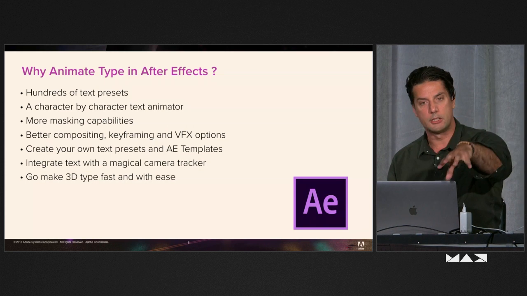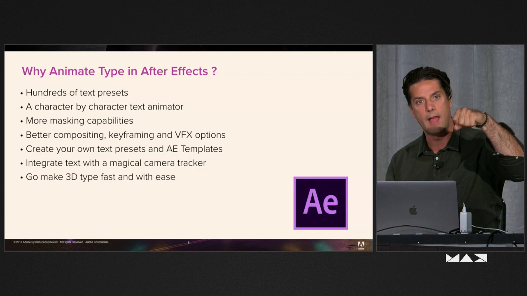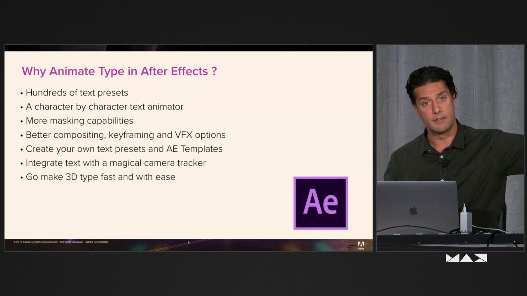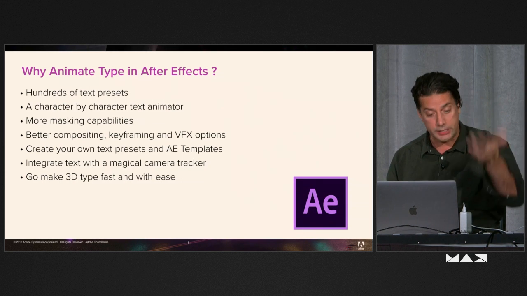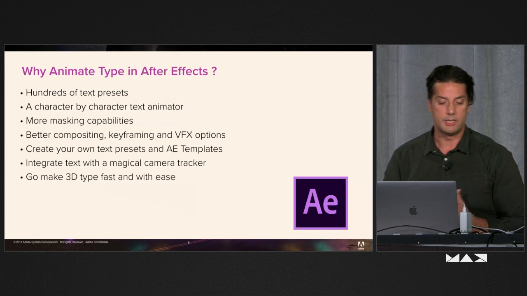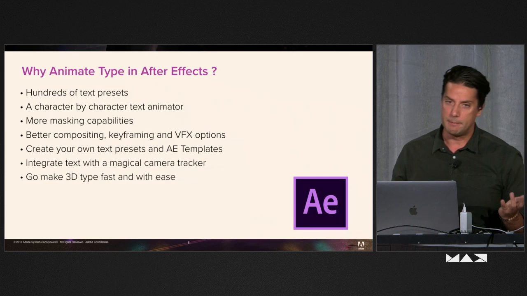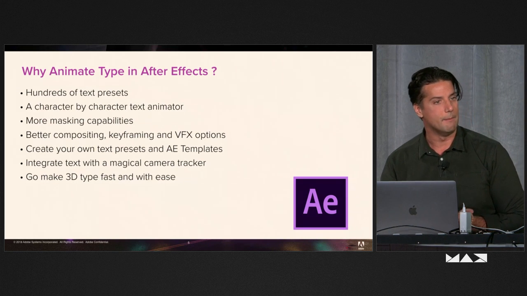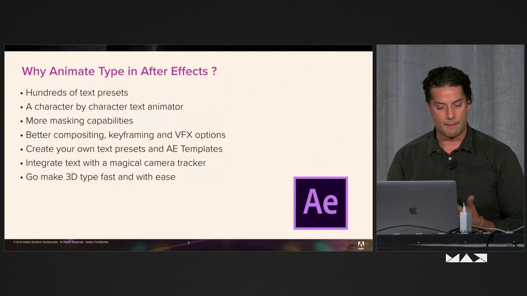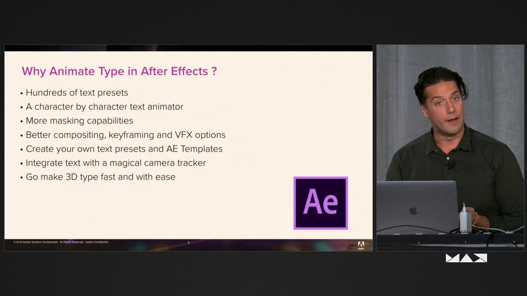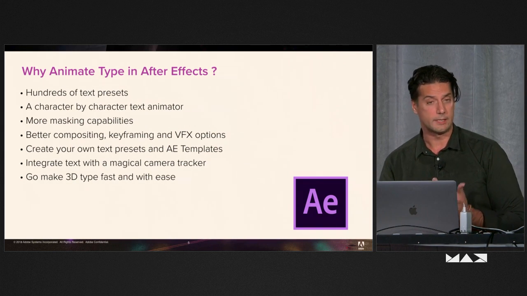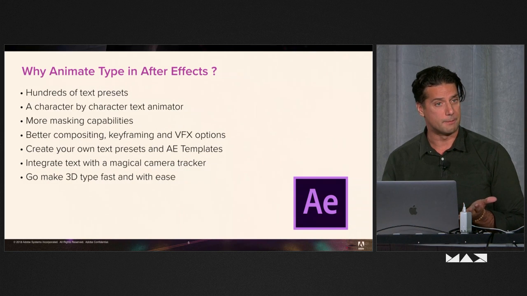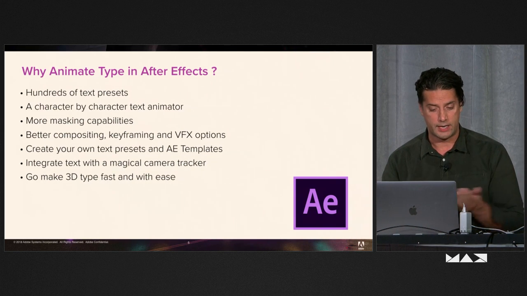So if you want character by character animation or animating something in 3D, like from on-screen to off-screen, one of those advantages might be to go to After Effects. We're going to talk that it also has more masking capabilities, something that we'll look at in both applications, has better compositing, keyframing, and VFX options. We can create our own text presets, as well as After Effects templates to work in both applications.